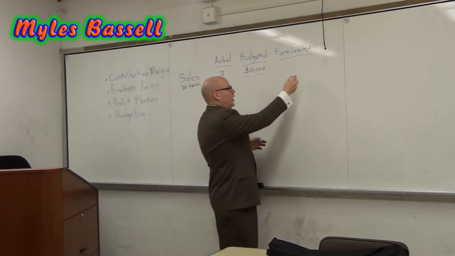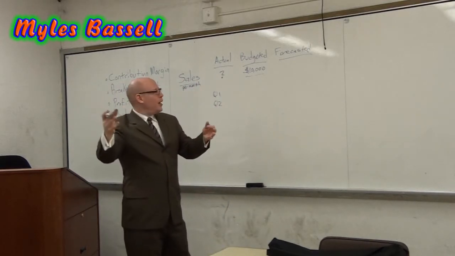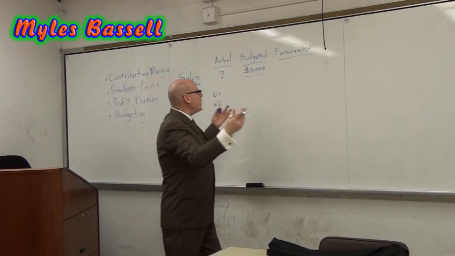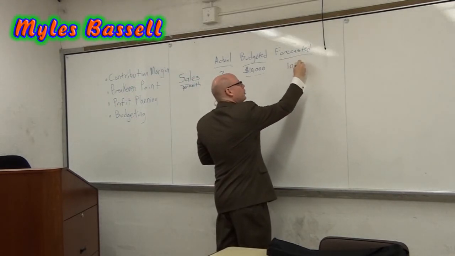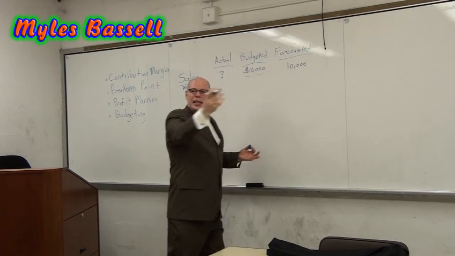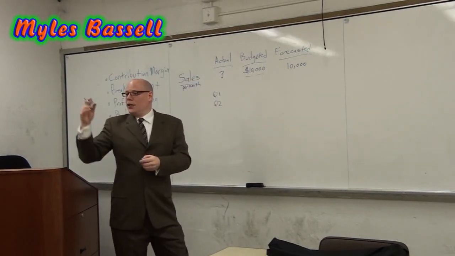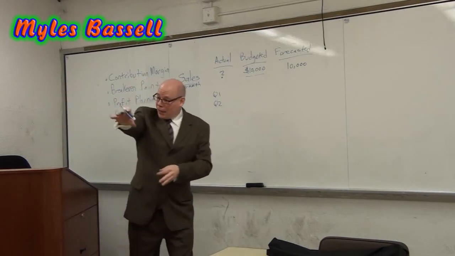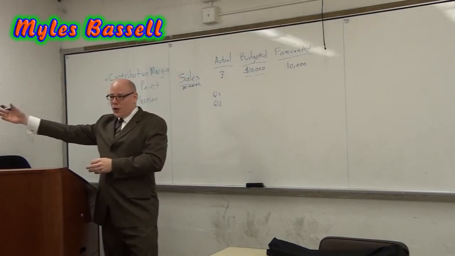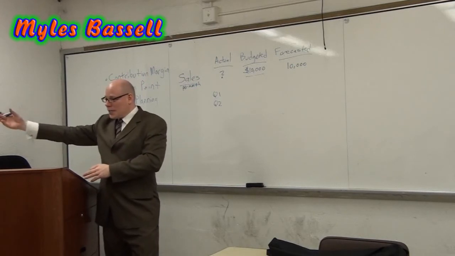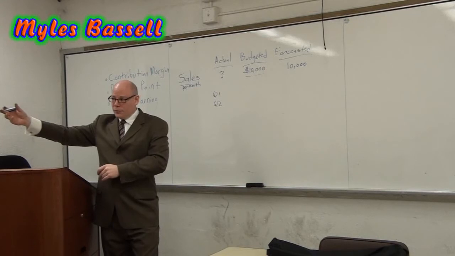The forecast number is going to change because, as Greg is suggesting, based on market information, as we get closer, right now, presumably, we had reason to believe that it was going to be 10,000 based on where we expect to get distribution of our product, the price that we're going to sell the product, and how many units we're going to sell.